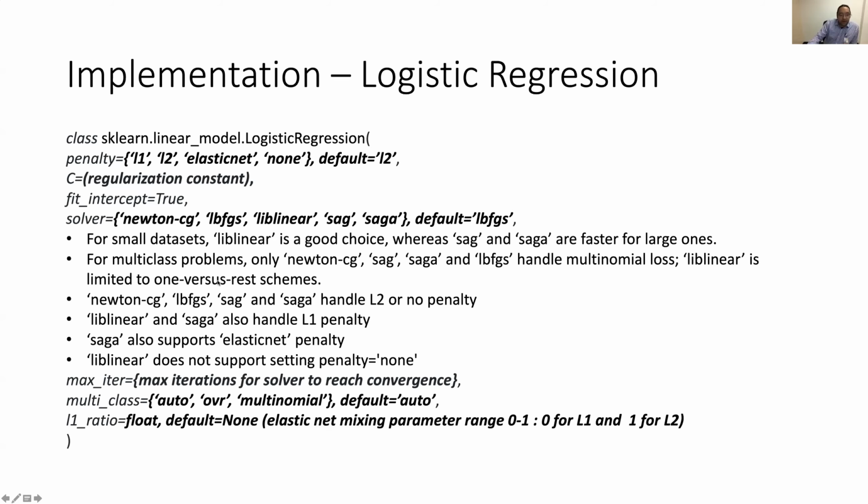But you can see that if you wanted to do a multi-class problem, then your choices are these: Newton CG, SAG, SAGA, and LBFGS. And they'll handle a multinomial loss. It's probably doing a softmax. So this is like where you start, right? What kind of problem do I have? And it's usually just going to be this.